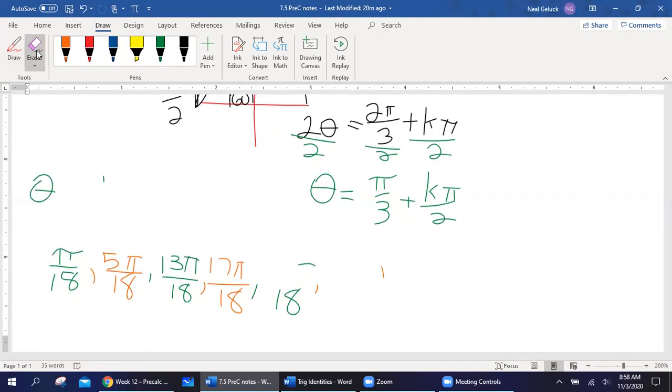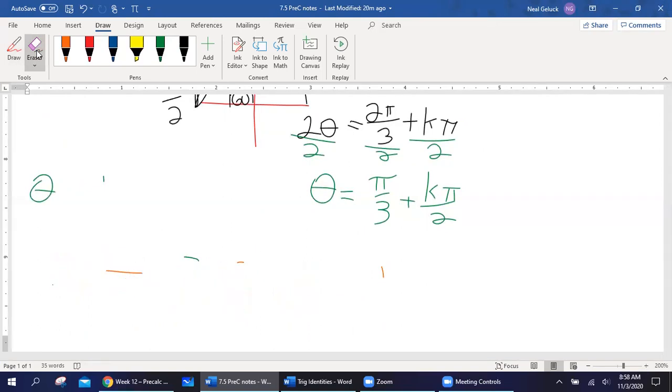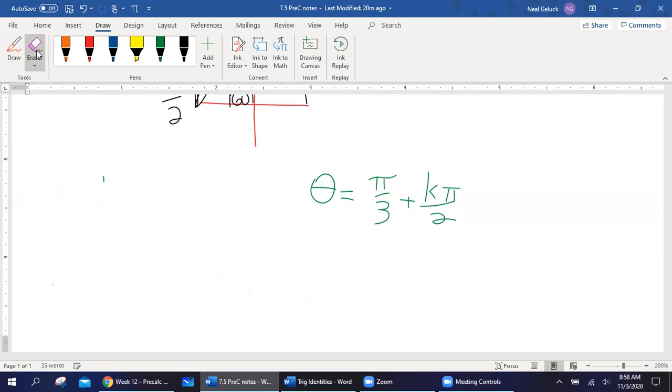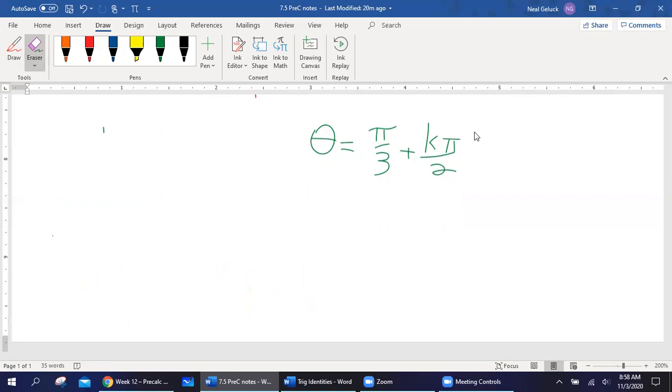So just like before, I now have a recipe for answers. Fortunately, it's just a single recipe this time instead of 2 recipes. I'm just going to start with k as 0 and keep increasing until I pass the 2 pi threshold. So pi over 3 is definitely an answer.